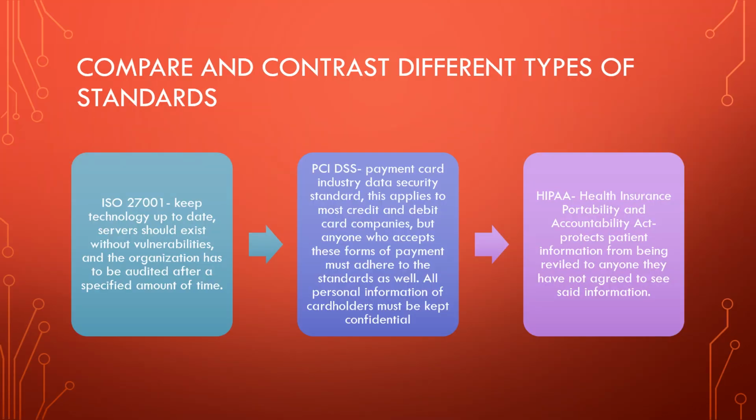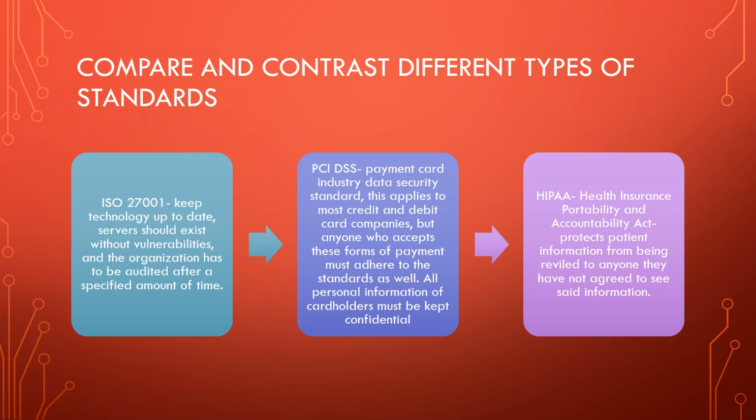Compare and contrast different types of standards. ISO 27001: keep technology up to date. Servers should exist without vulnerabilities, and the organization has to be audited after a specific amount of time. PCI DSS, Payment Card Industry Data Security Standard.